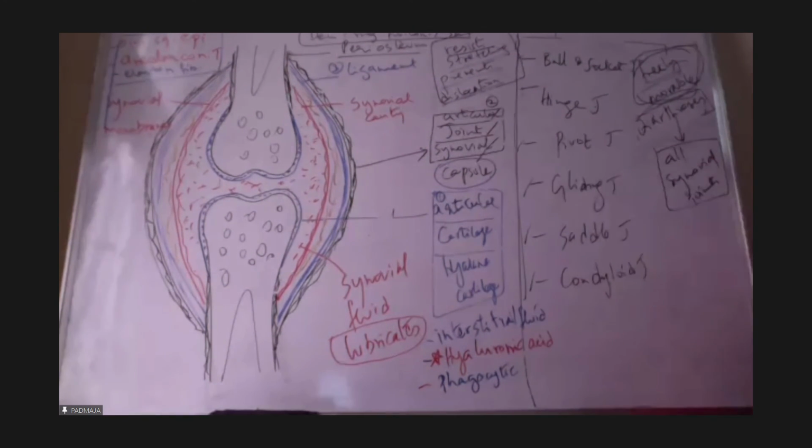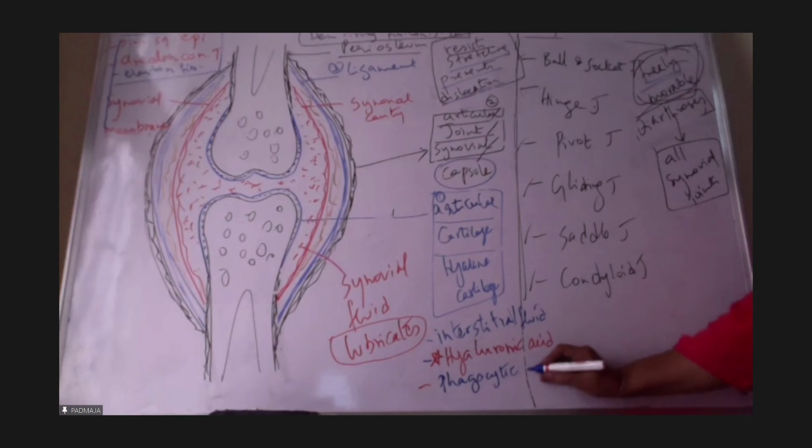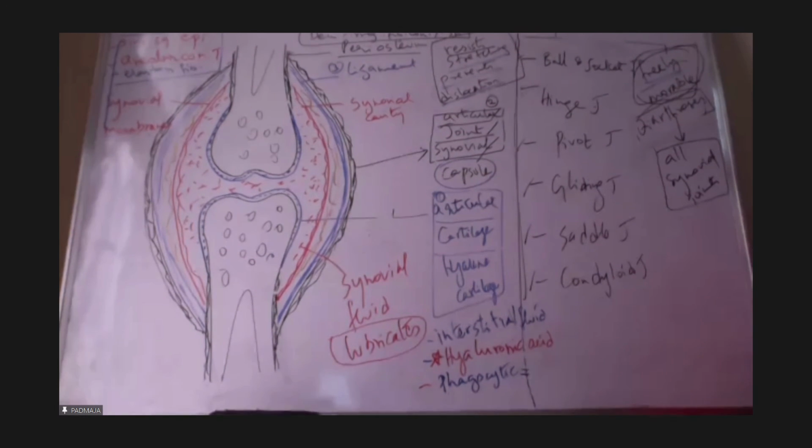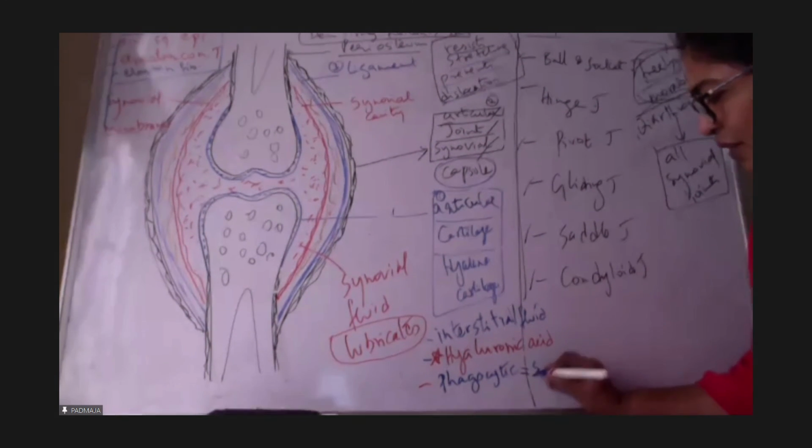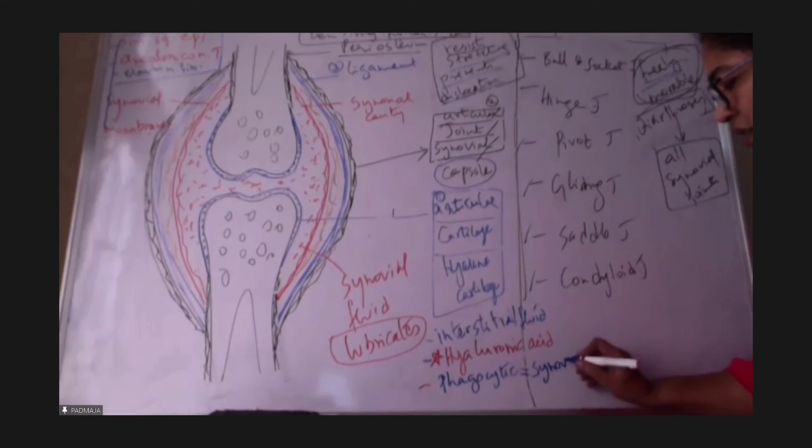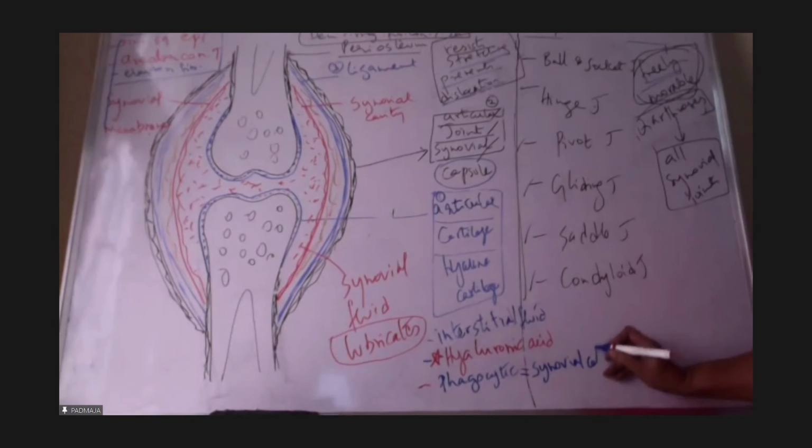And in the synovial joint, phagocytic cells are called what? Already I taught this in your junior inter. Come on, what are they called? No answer. Hopeless. Synovial cells. In the lungs? Alveolar cells. In the liver?